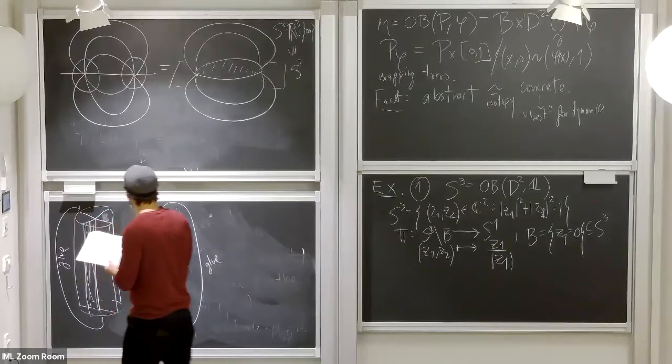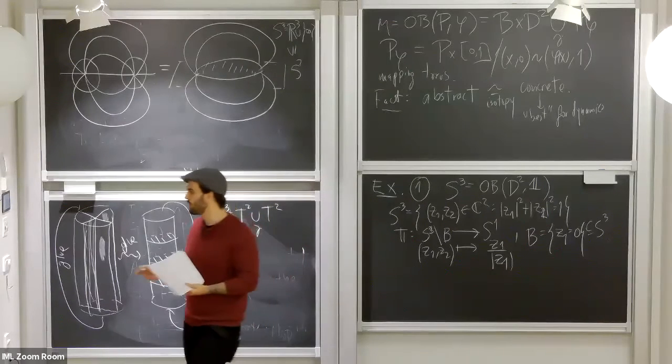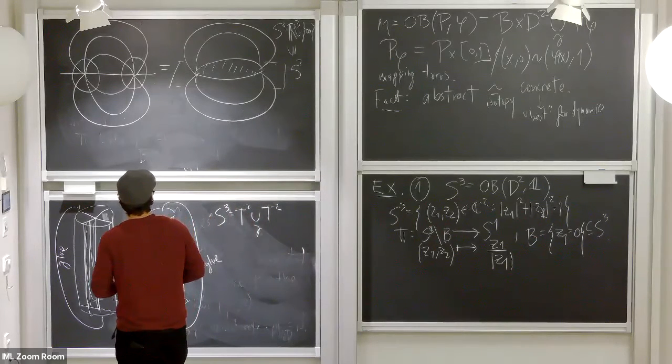So I'm using the Heegaard splitting on S3. S3 is T2 union T2 along the boundary, so I'm using the genus 1 Heegaard splitting of S3 to obtain this open book.